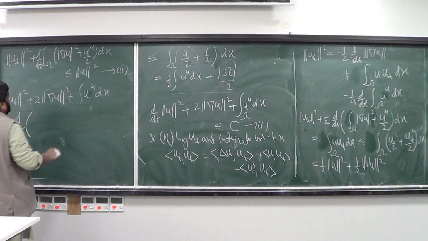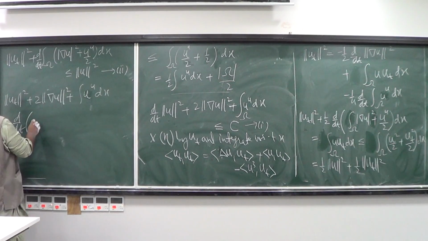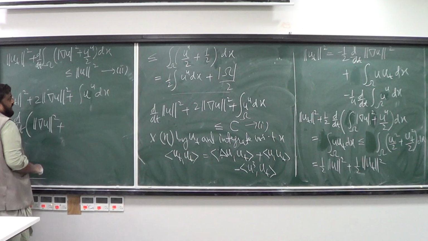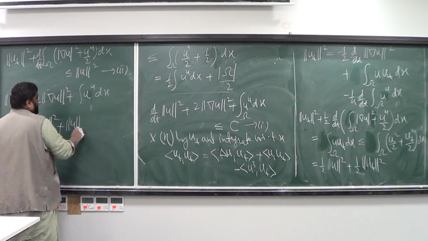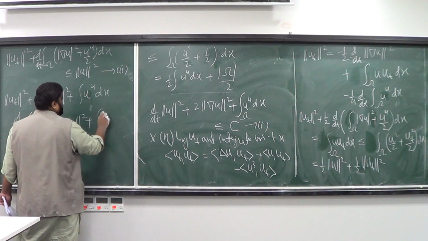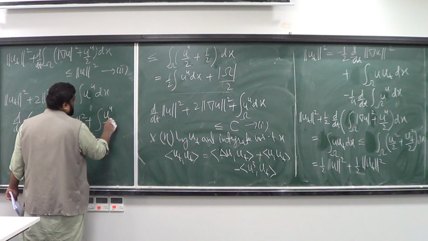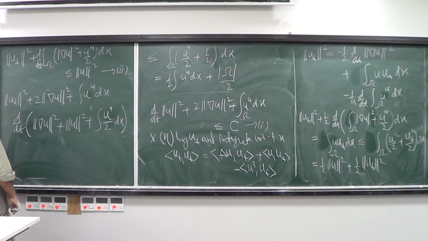Okay, so if you put these terms together, I can write this as the gradient of u square plus this term, which is the norm of u square, plus the integral of u power 4 upon 2 dx. Okay, this is what you're going to get.